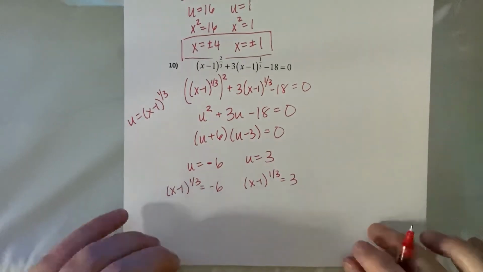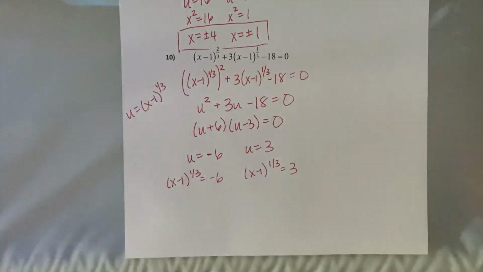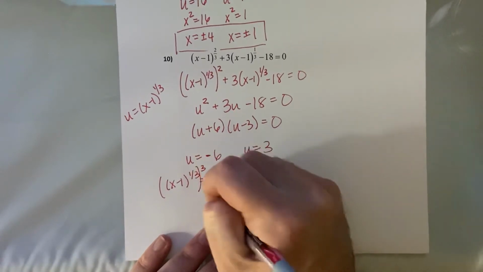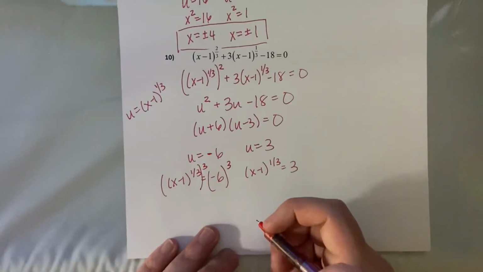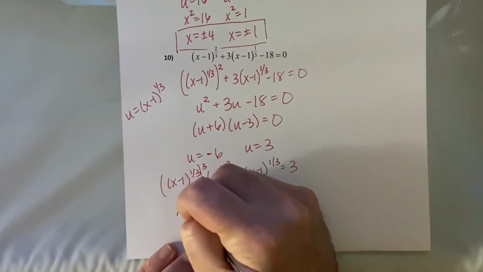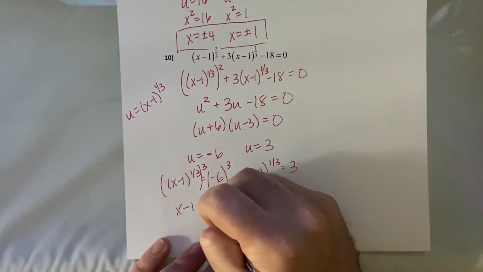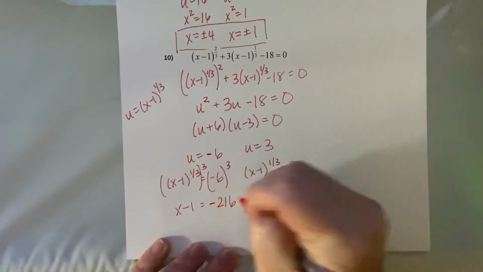Now, fun fact, if you see a fractional power like this, it's the same as a root. A 1/3 power is a cube root. A 1/2 power is a square root. Now, normally to get rid of a cube root, I would have to raise it to the 3rd power. So we raise both sides to the 3rd power. So we get x minus 1 equals negative 6 cubed, which is negative 216.